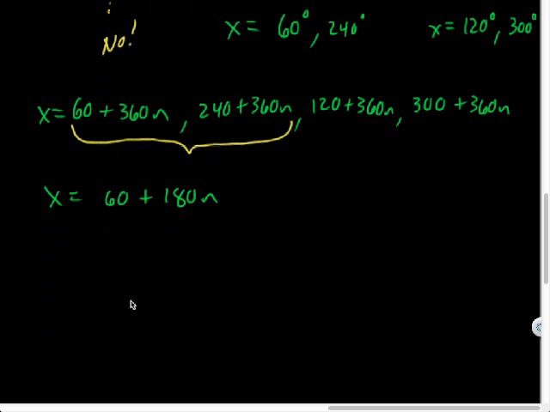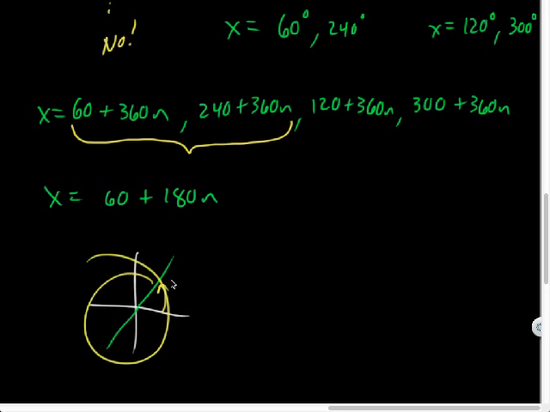Just to draw a picture of that so you see what's going on. 60 degrees is here, 240 is right here, and I said this angle works plus any number of 360s, and then I said this angle works plus any number of 360s, and I realized maybe I could just simplify that, because 180 would bring me there, another 180 would bring me there.